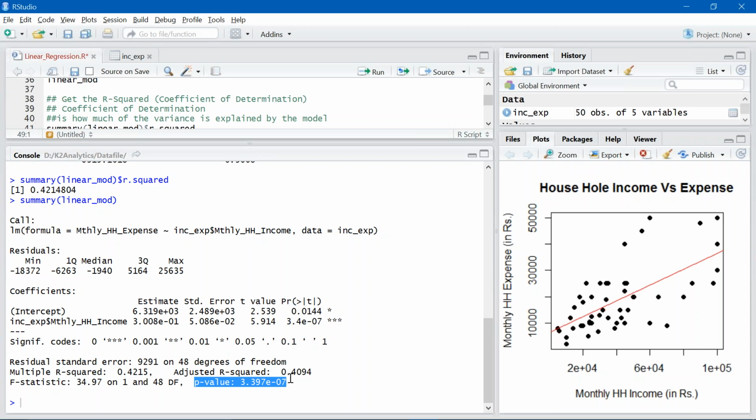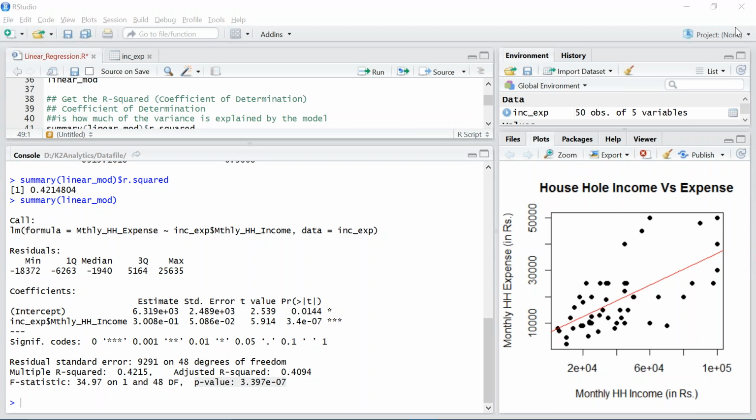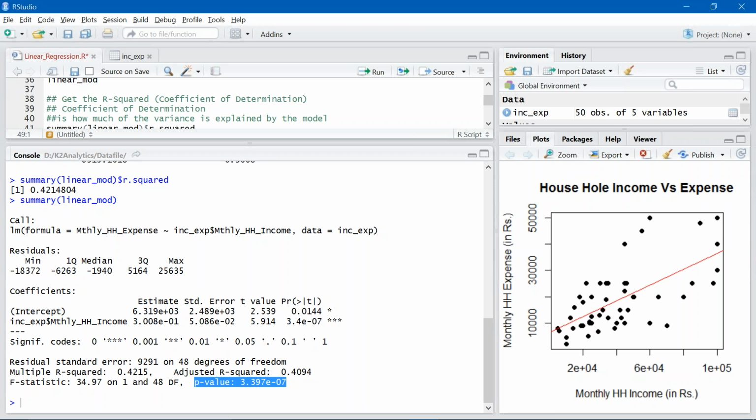So what we are saying is that our hypothesis is that the expense level of a household varies depending upon their income levels. If that is the hypothesis that you are trying to prove, a hypothesis requires two hypothesis statements. One is called a null hypothesis. The null hypothesis statement is the status quo, or the other way to put it is, y is not a function of x.